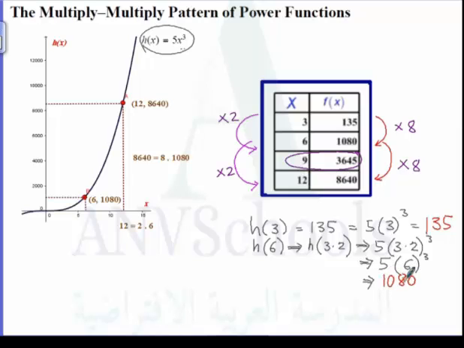Am I correct? Okay, now let's take a look at the last function, h of 12. Our h of 12 is just h of 6 times 2. Am I correct? Because we are multiplying each x value by a factor of 2. So we will have 5 times 6 times 2 cubed. And this will give us 5 times 12 raised to 3, which is actually equal to 8,640.